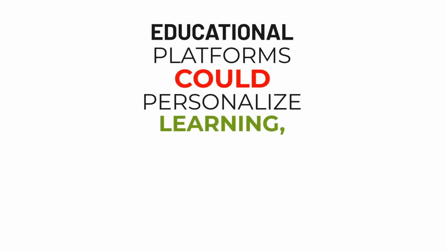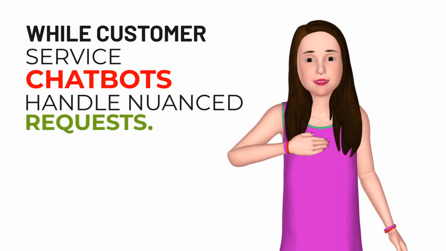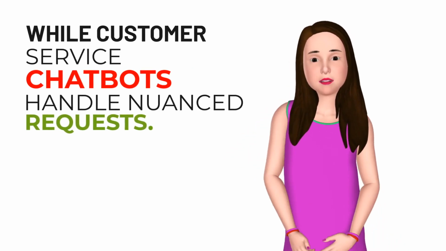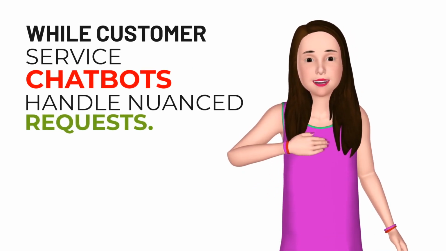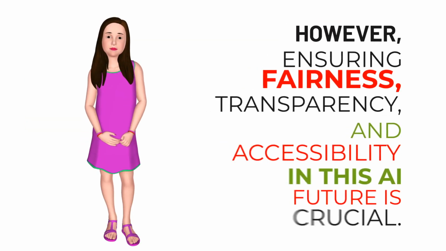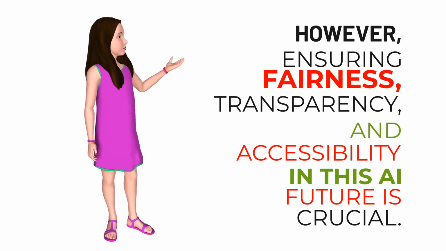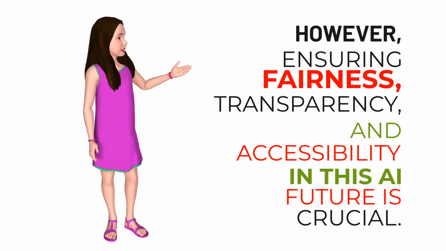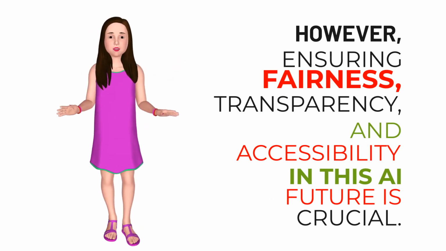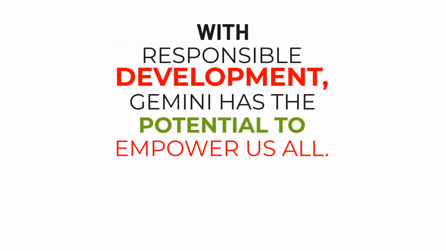Educational platforms could personalize learning, while customer service chatbots handle nuanced requests. However, ensuring fairness, transparency, and accessibility in this AI future is crucial. With responsible development, Gemini has the potential to empower us all.